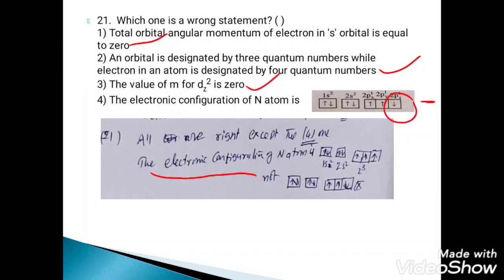That means the electron should not come with the opposite spin. All spins in the beginning should be of the same type. That means it should be upward in the last suborbital. The p z has been shown with a downward arrow here. That should not be there. It should be shown upward, so that all the 3 p orbitals have the same spin in the different suborbitals. So that is the incorrect one, and we can say that is the wrong statement.